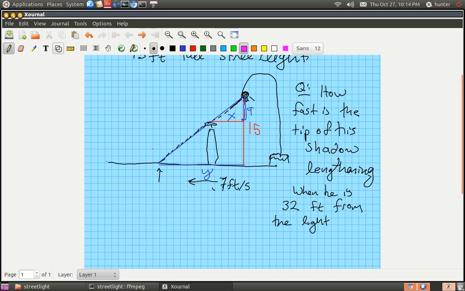Let me label some parts of these triangles. Let me call this A, I'll call this B, I'll call this C, and I'll call this one E. I'm going to say that triangle ABC is similar to triangle CDE.